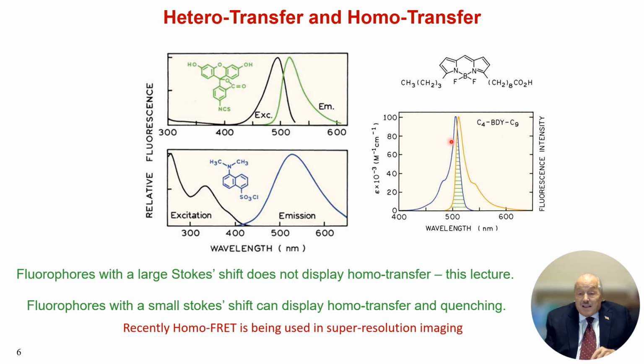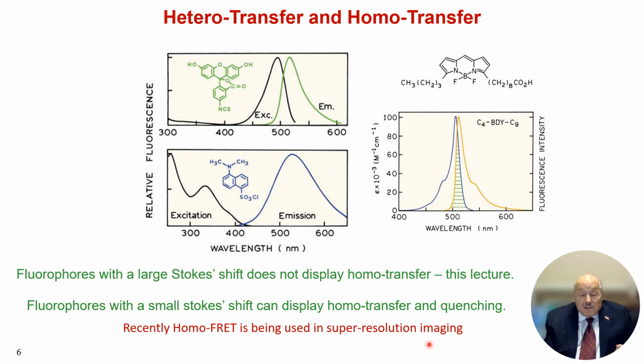Some molecules, like the Bodipys, have extremely small Stokes shifts, and they actually self-quench very easily because of this energy transfer. If the molecule has a large Stokes shift, you'll never see homotransfer in a molecule like dansyl sulfonyl chloride, because there's no significant overlap between the absorption spectrum and the emission spectrum.